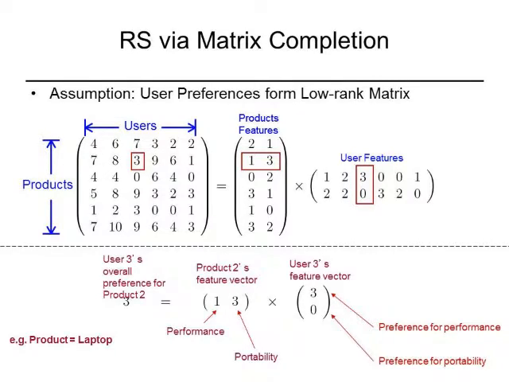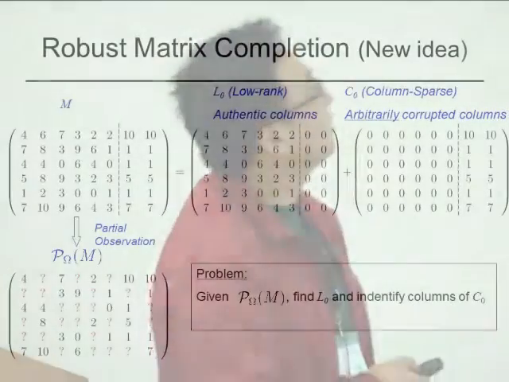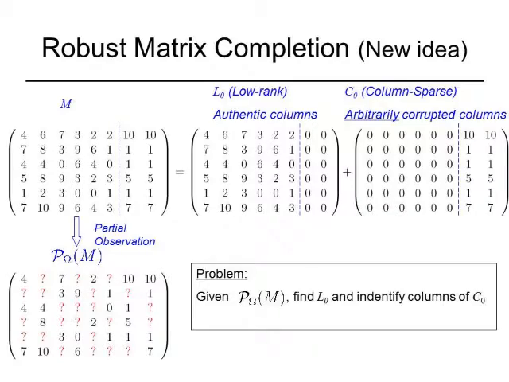But this doesn't really tackle the problem of you having some malicious users. So the idea is the same. To handle malicious users, we still split the matrix in 2 parts. For the true users, the goodwill authentic users, their preference should be a low-rank matrix. For the malicious users, I have no knowledge of how they will rate, so I just think of them as arbitrary corrupted columns.